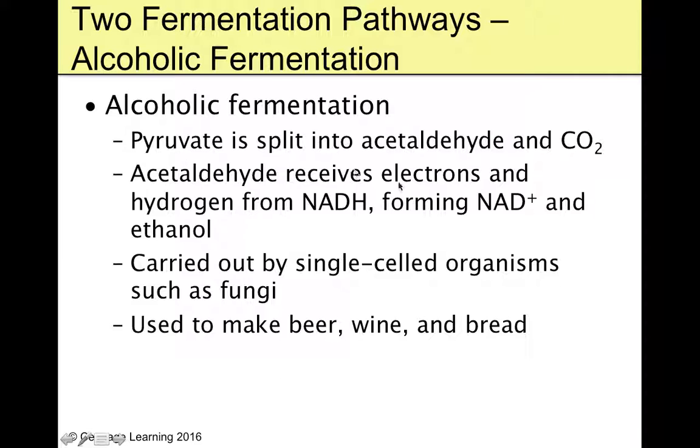Pyruvate gets split into acetaldehyde and carbon dioxide. This acetaldehyde compound is going to get some electrons and some hydrogen, and it's going to form NAD+, and it's going to form ethanol. And so if you were asked, what are our products of alcohol fermentation? Your answer: NAD+ and ethanol. Where does it happen? Cytoplasm.